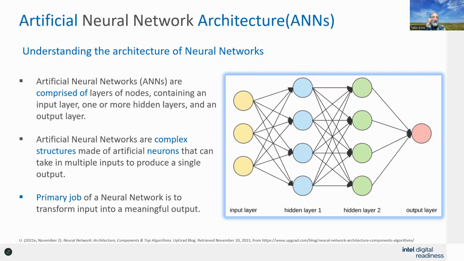Notice the last bullet here, though. The primary job of a neural network is to transform all the inputs we're putting into it into some sort of a meaningful output. When I would teach operations science, this might be New York, Washington, D.C., and Atlanta, and this is Los Angeles, and I'm shipping products.